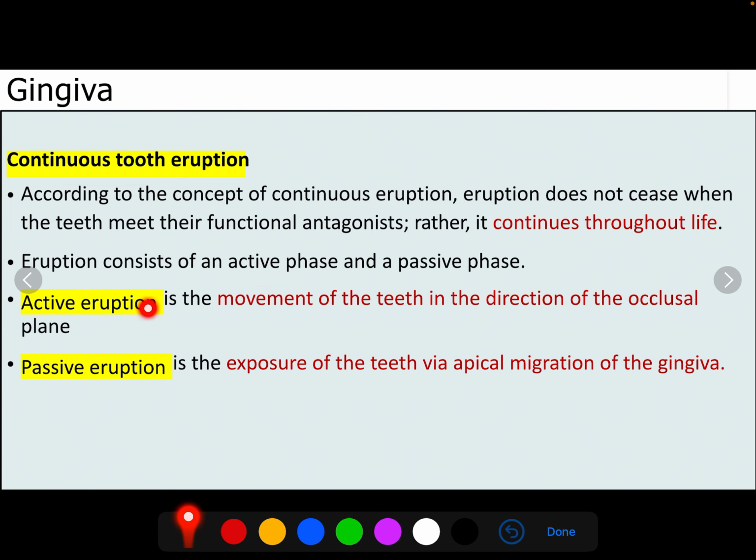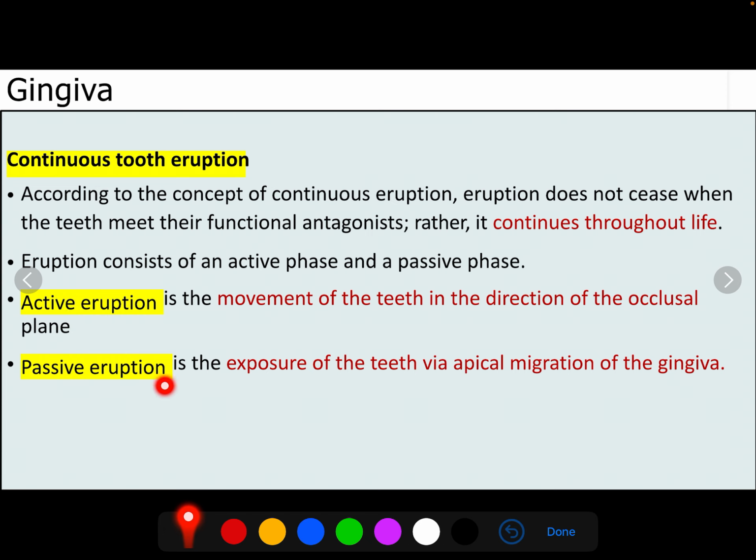What is the active phase? Active eruption is the movement of the teeth in the direction of the occlusal plane. The maxillary teeth move downward to reach the occlusal plane. The mandibular teeth move upward to reach the occlusal plane and touch the antagonistic tooth. That movement is active movement.